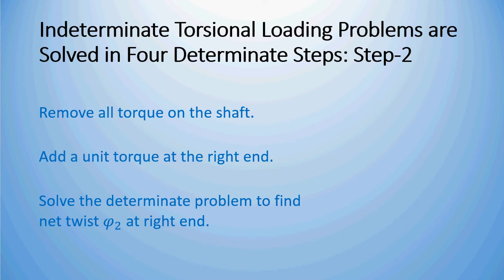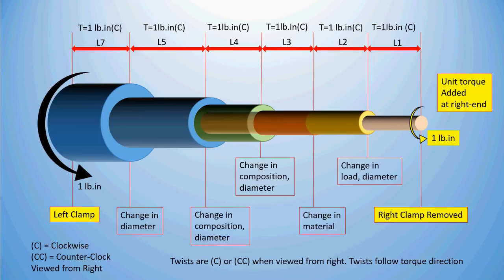In step 2, you remove all of the different torques on the shaft as well as the right clamp. You then add a unit torque at the right end. With that unit torque, you then solve this determinate problem to find the net twist at the right end. This is net twist 2. So here's the same shaft with all the torques removed, and you can see that a unit torque has been added at the right end.